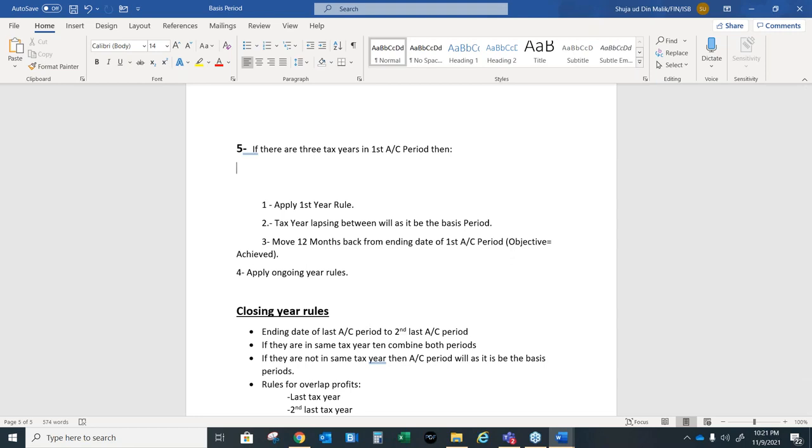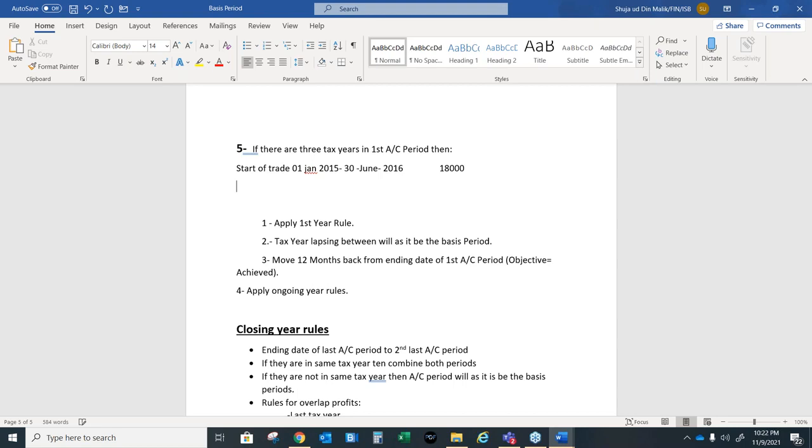I will be writing it down for you guys. Start of trade is on 1st Jan 2015, and the first accounting date the business has chosen is 30th June 2016, having profits of 18,000.